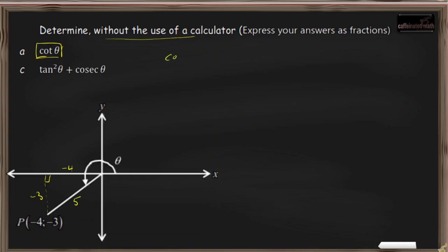Well, cotan of theta, well, cot is the reciprocal of tan, and tan theta is opposite over adjacent. So over here we're going to work with adjacent over opposite, and that we just read off of the diagram. So what's the adjacent side? -4 over -3, which is just going to be equal to 4 over 3, because a negative divided by a negative gives us a positive.